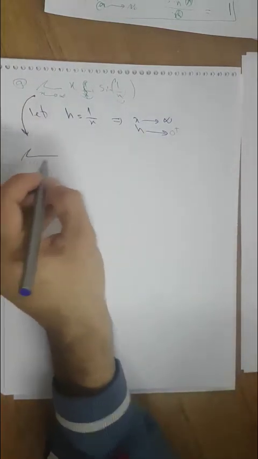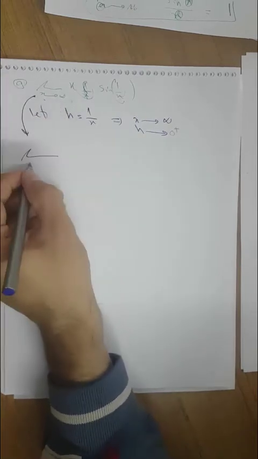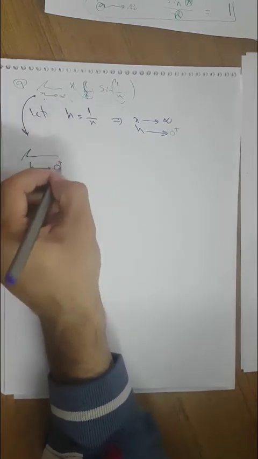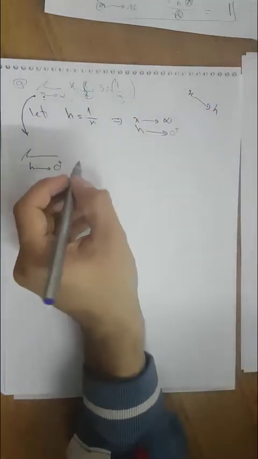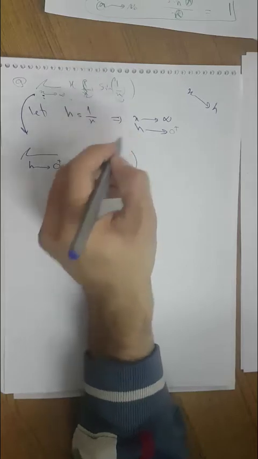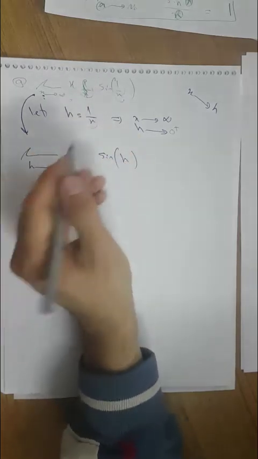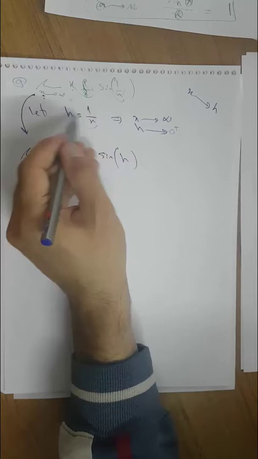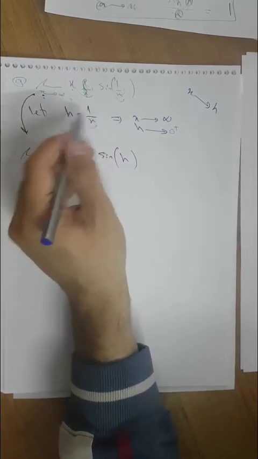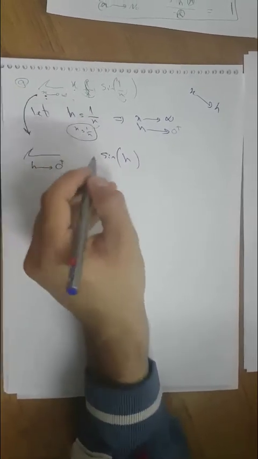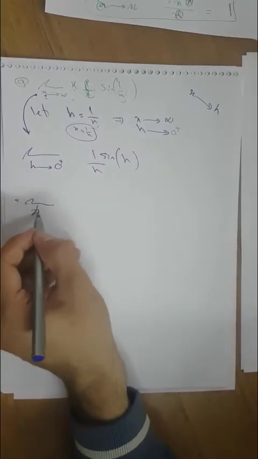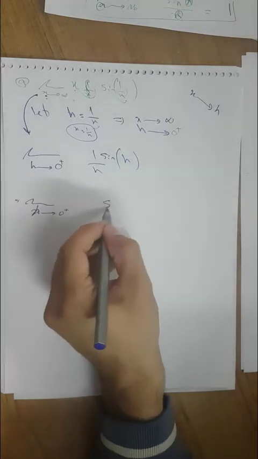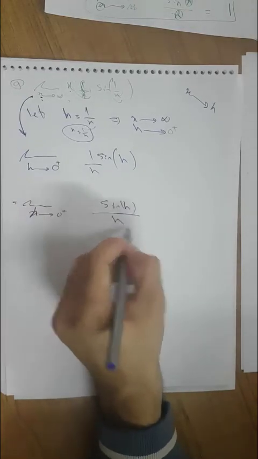So now I change each x to h. How about the sine? 1 over x is equal to h. How about x? Cross multiplying, x is equal to 1 over h. Now I have the limit as h approaches 0 from the right of sine of h over h.